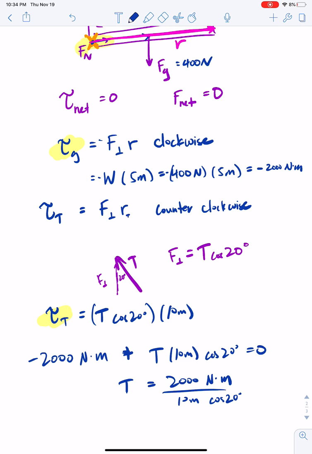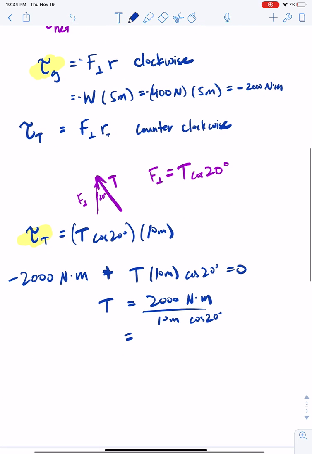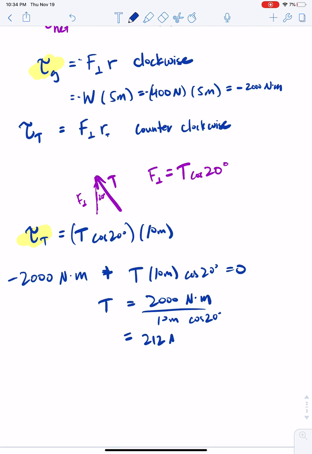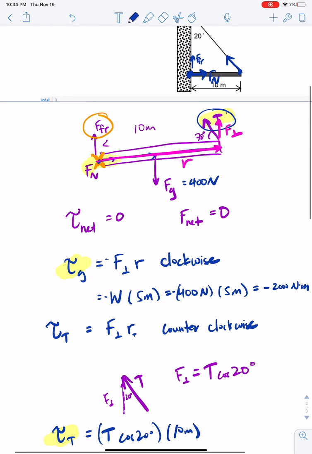All right, so I'm going to plug in numbers for this. And we find that that tension is 212 Newton meters.